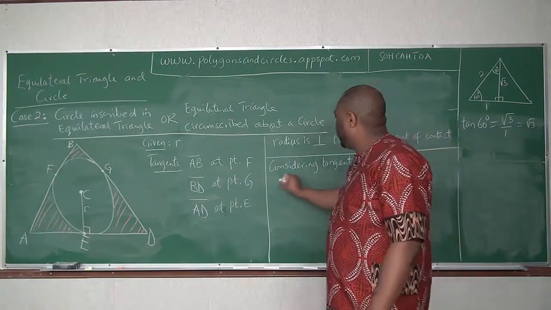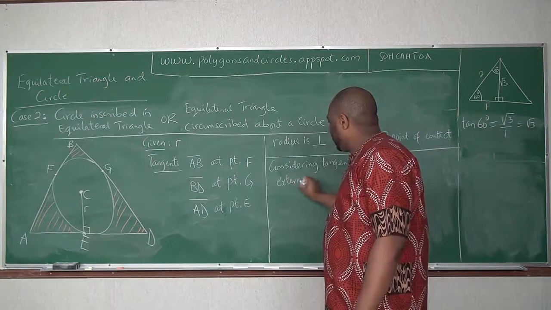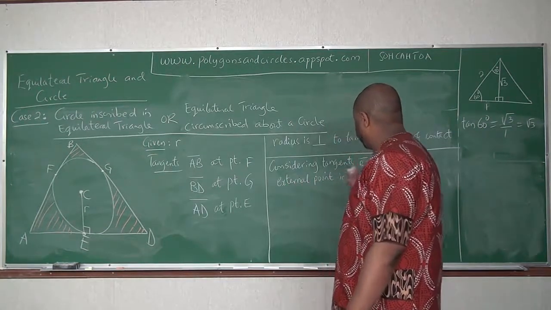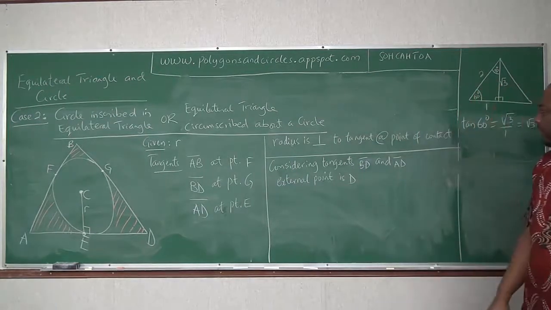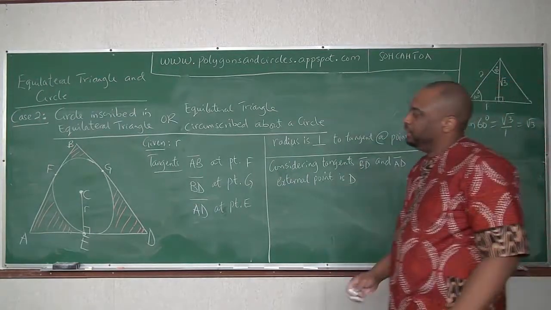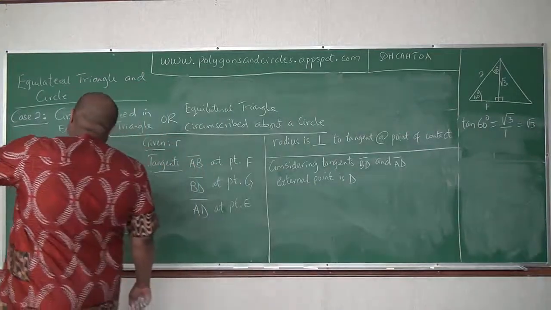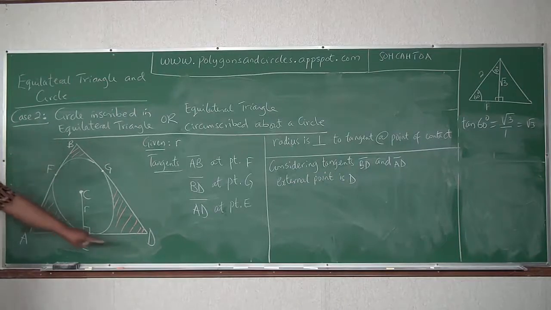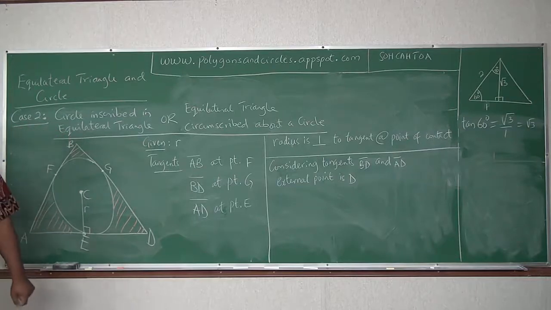What is the external point? External point is D. You write it. Okay? You can also write, if you want to consider tangents AB and AD, the external point is A. Tangents AB and BD, the external point is B.